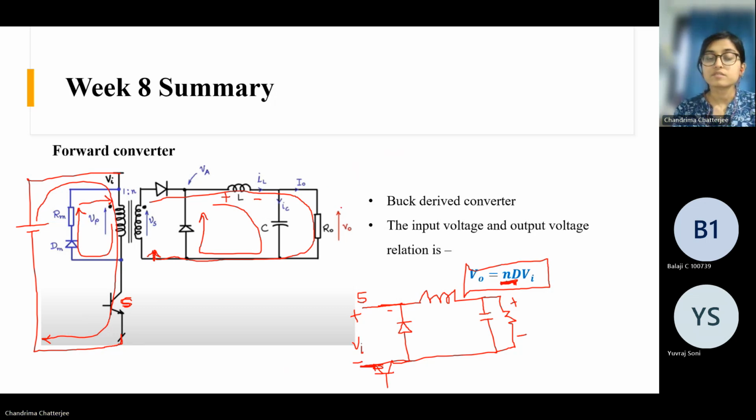So did you understand the working of the forward converter? It is not very different from the buck converter. Actually, it is very similar. The only change comes due to the transformer. Otherwise it is the same.